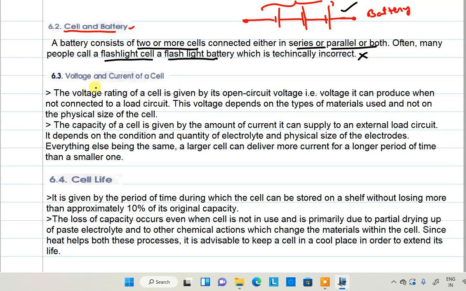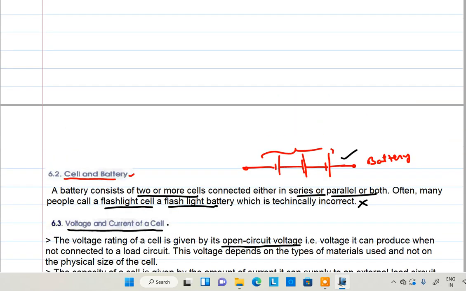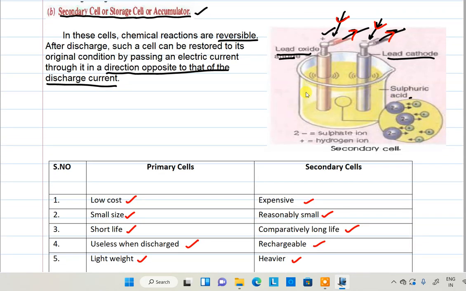Next one, voltage and current of a cell. These are the two important parameters related to the cell. Battery is nothing but a group of cells, right? So in that cell, the first one is voltage. The voltage rating of a cell is given by the open circuit voltage. Whenever the battery is not connected to any load, at the open circuit plus and minus terminals, you measure the voltage between these two terminals.